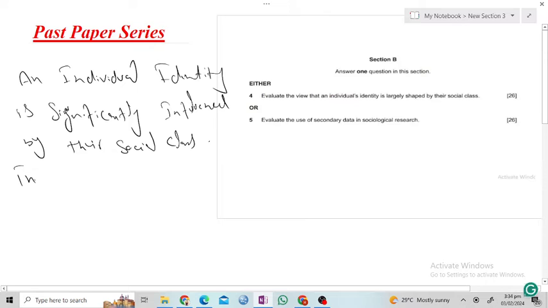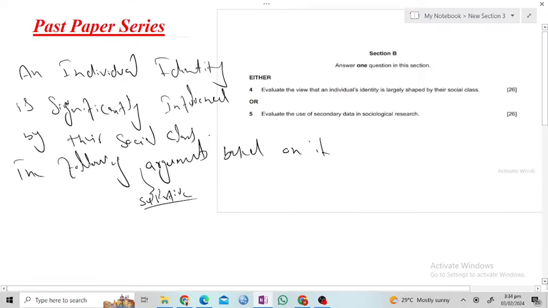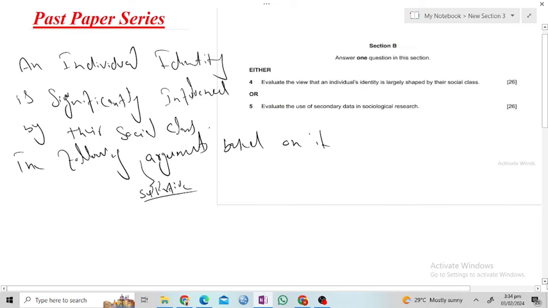The following arguments, or you can say the following supportive arguments, it's totally up to you what kind of word you use. The following supportive arguments are based on it.